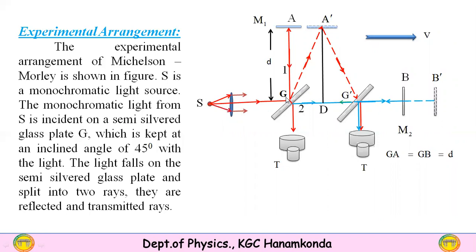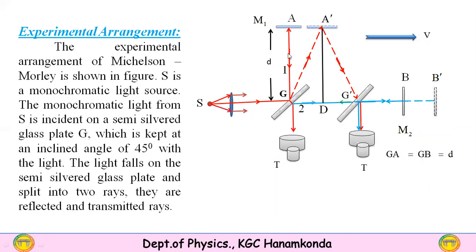If this entire setup is not moving, then due to the semi-silvered coat, the light ray is split into two parts. One ray is reflected along the GA direction, and one ray is transmitted.